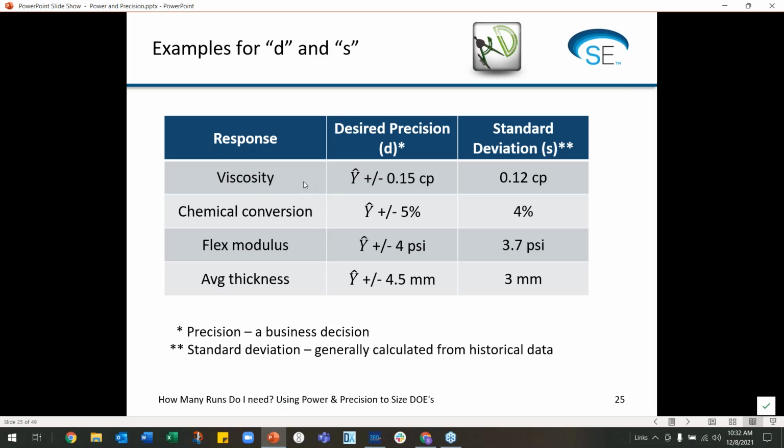Here are a few other examples. Viscosity: you might want to estimate viscosity plus or minus 0.15, and then your standard deviation is this. So, just a few different types of responses. You have to define the precision, and you have to calculate the standard deviation.